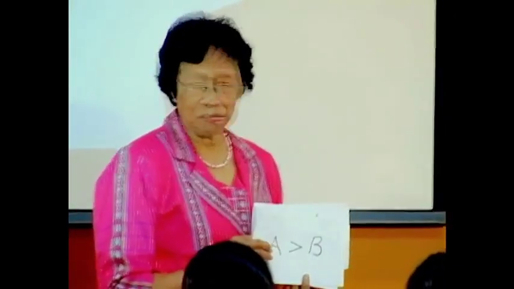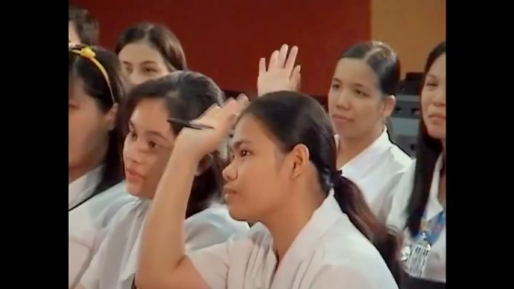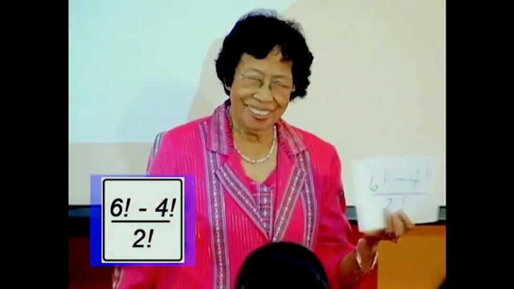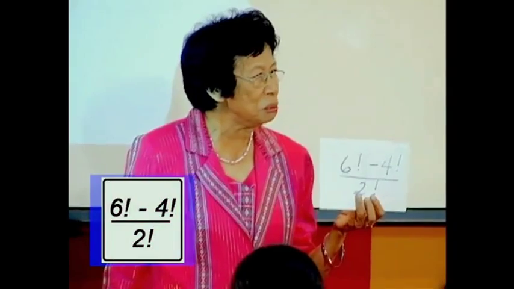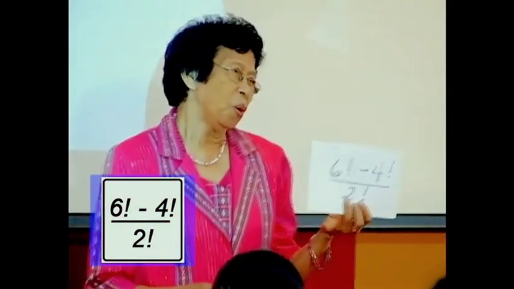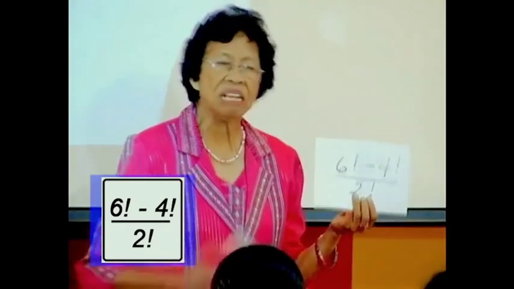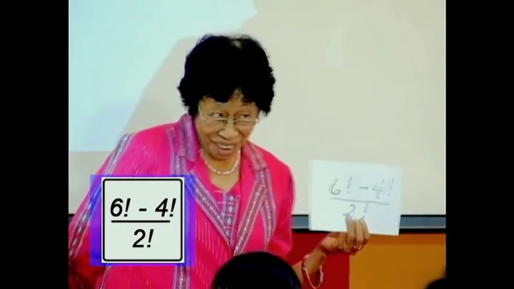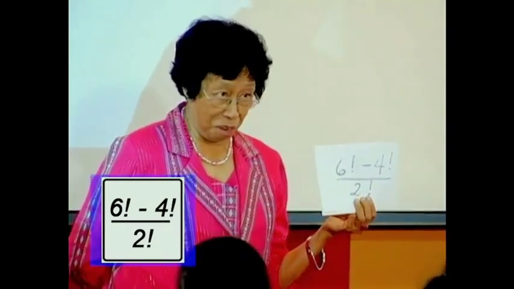And in a longer phrase, what does 8 factorial mean to you? Yes? 8 times 7 times 6 times 5 times 4 times 3 times 2 times 1. She knows how to count. Okay. Supposing now, I have this. Does it mean anything to you? So, what is the language conveyed by this? Somebody would like to try? This is getting more and more complex.